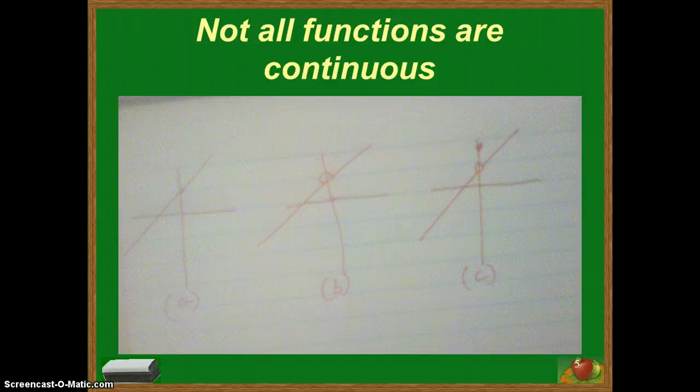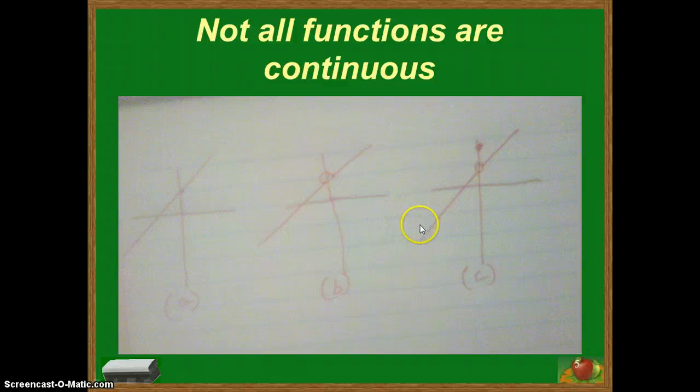Not all functions are continuous. I see that this is a bit hazy, but the first function is just a straight line. That function is continuous. The second function, where the function is not defined at the same point as the previous one, would be discontinuous at that point.